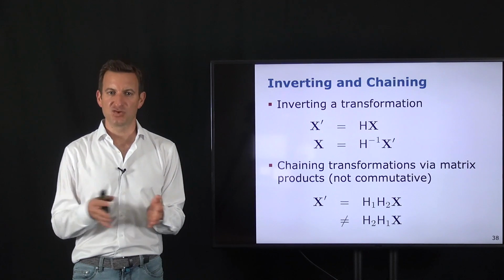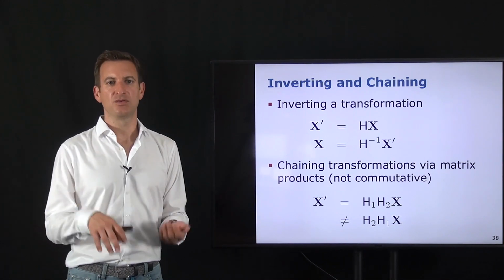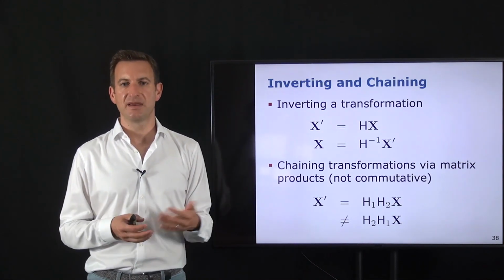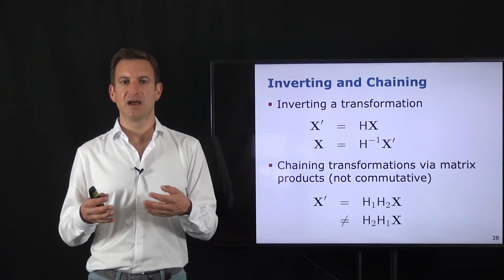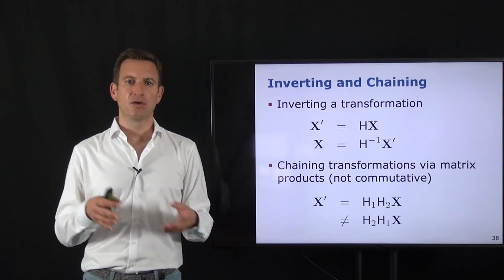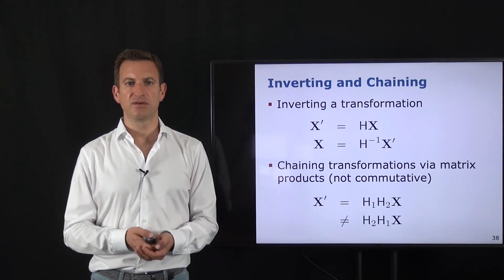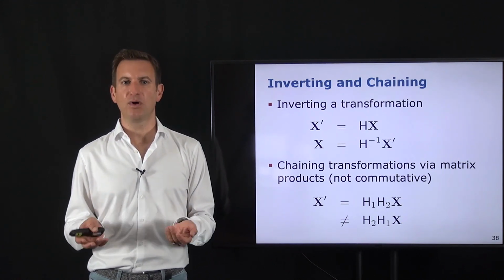I can chain them, multiply them, I can invert them to invert the transformation. And that is something that I can also do in these homogeneous coordinates, which allows me to very elegantly combine and invert different transformations.